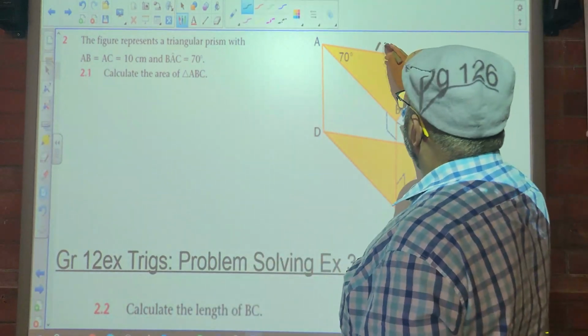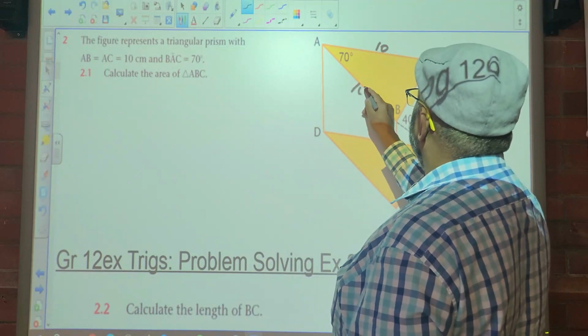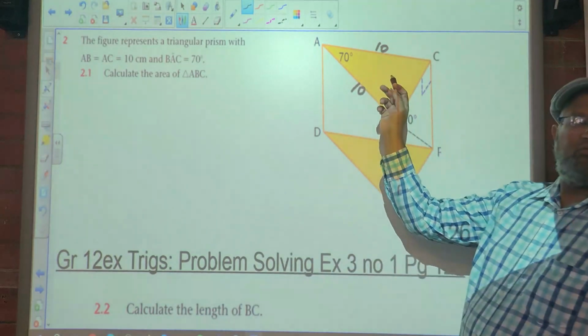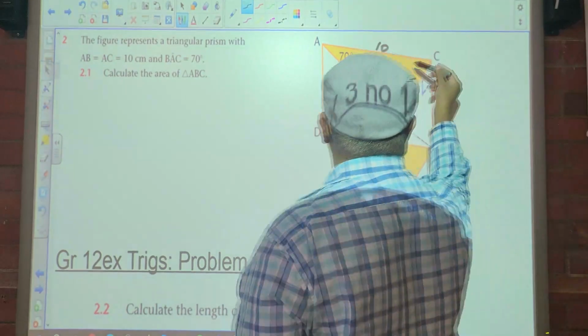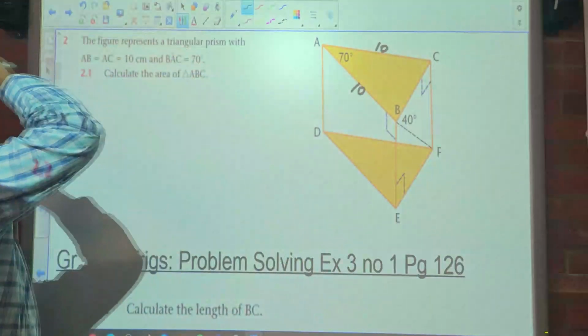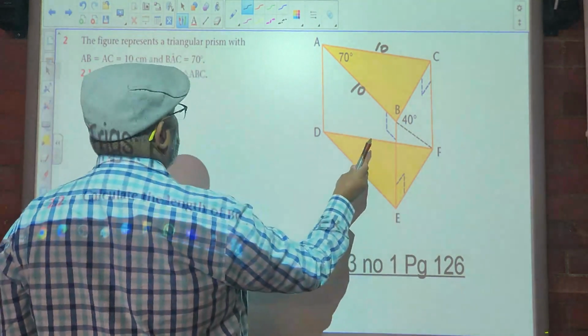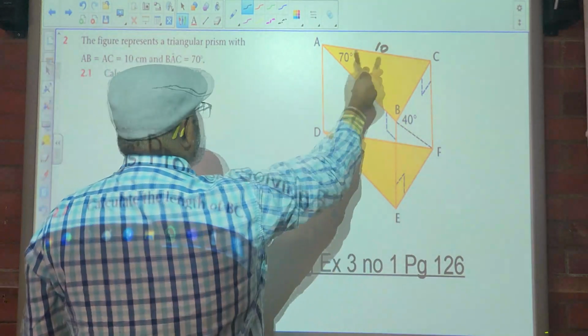So AC is equal to AB, which is 10. So this is an isosceles triangle being formed here, which in turn would make this angle equal to that angle. Okay? Then we are told that angle BAC is 70.